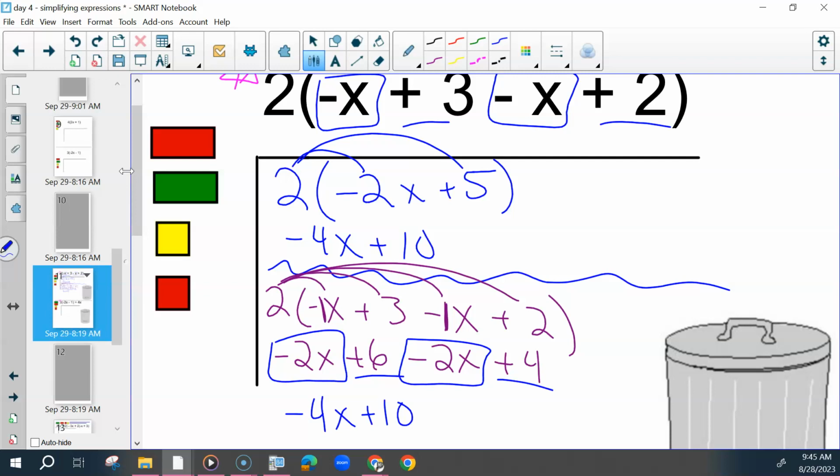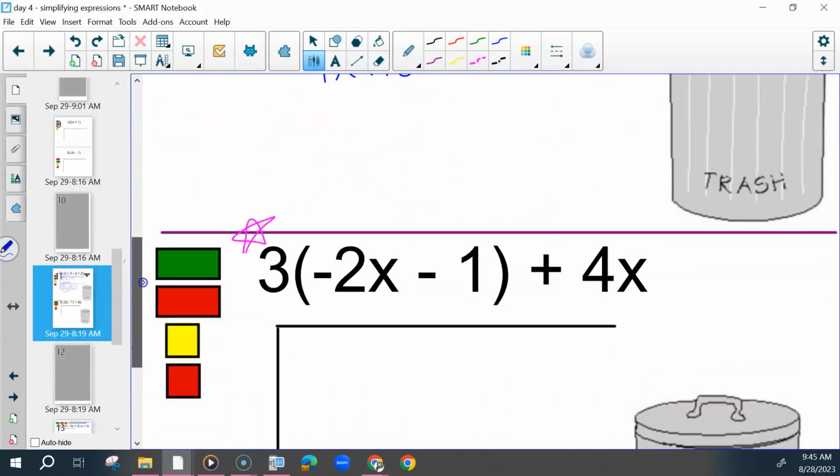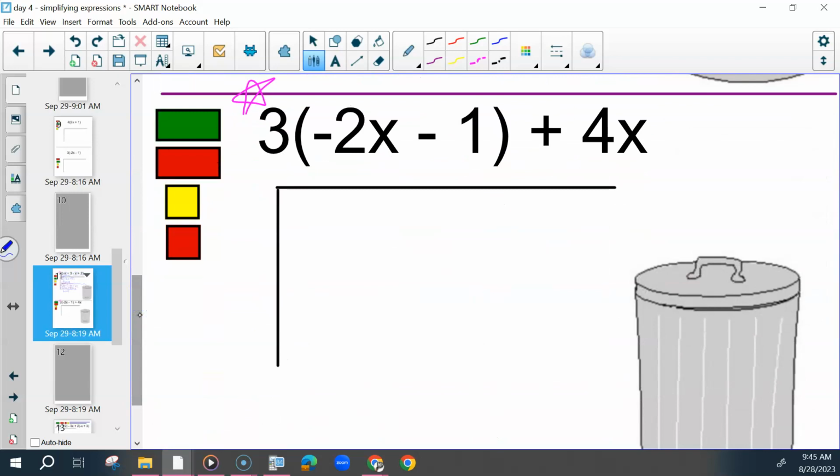Alright, we're going to do the next one on that same page. Distribute the 3 to everything on the inside. So what would this become? 3 times -2x, and then 3 times -1, -3.